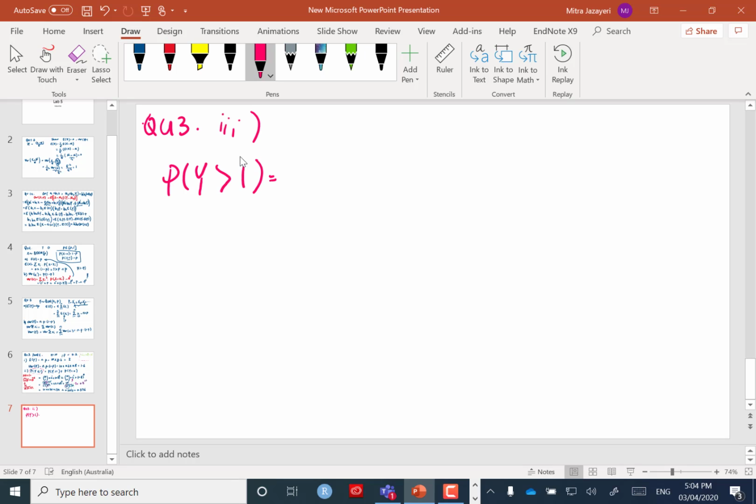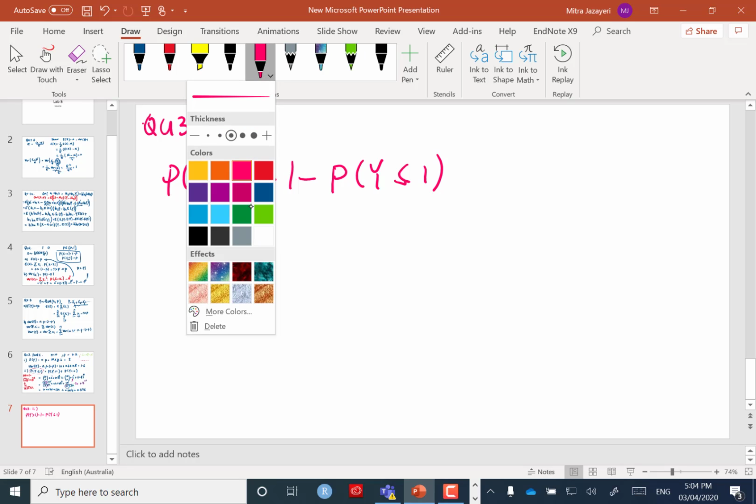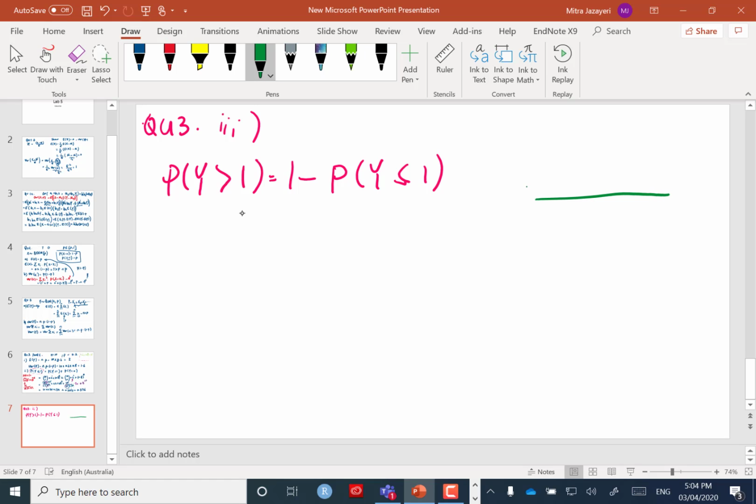On the distribution, say this is 1, we are talking about all of this: it is 1, the whole lot, minus this area. Because it's a discrete random variable, it's important to have the less than or equal to sign. So that value is equal to 1 minus 0.376, which is 0.624.